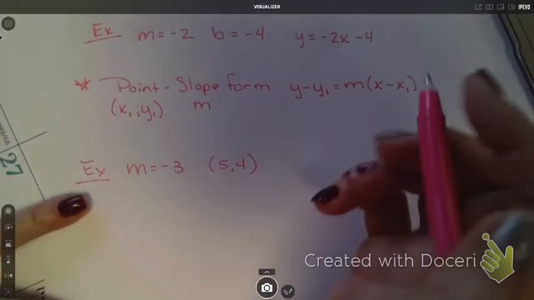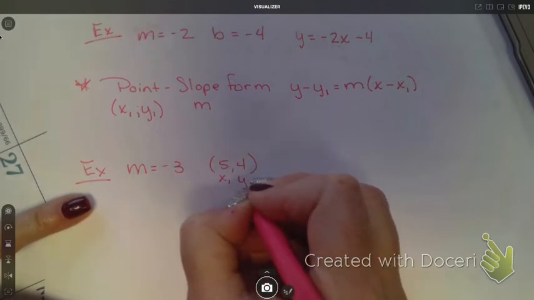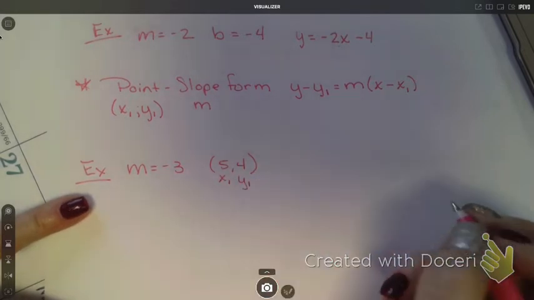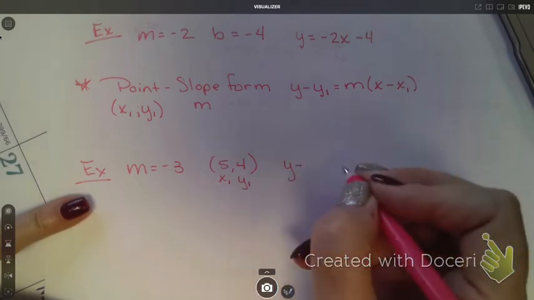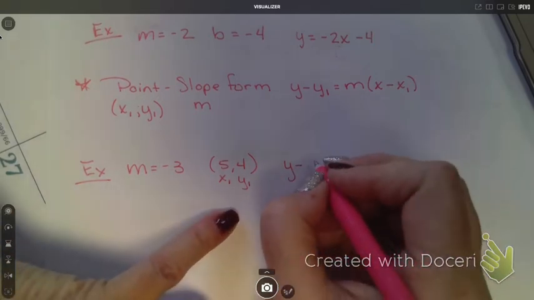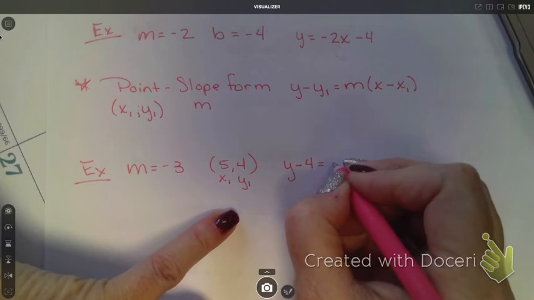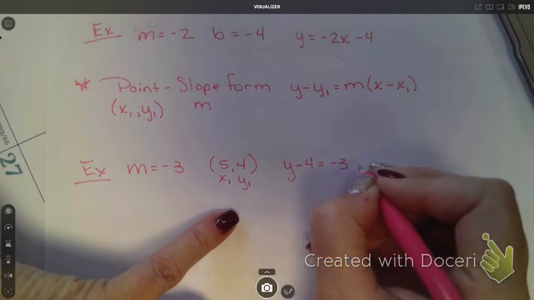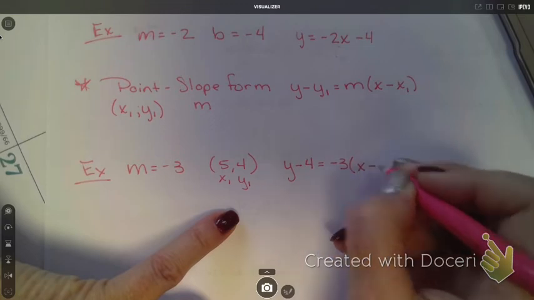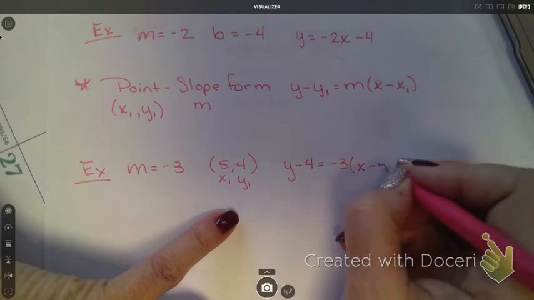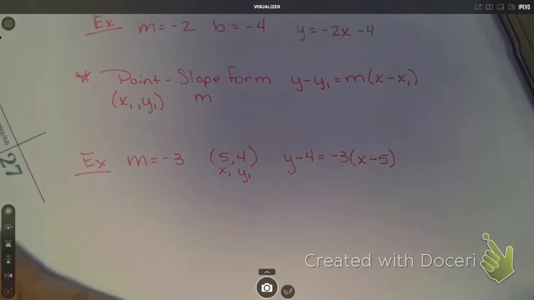So I just plug it in there. This is x1, this is y1. So y minus y1, which is 4, equals m, which is -3, times x minus x1, 5. So now I just have to simplify this.